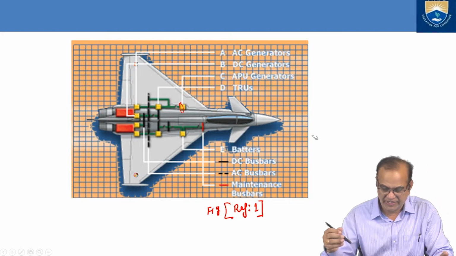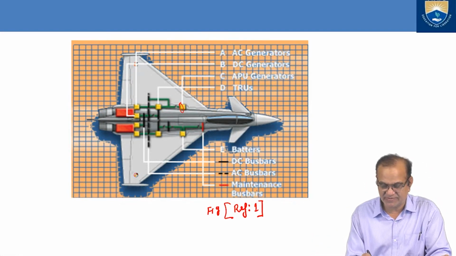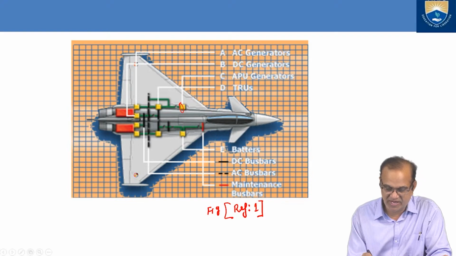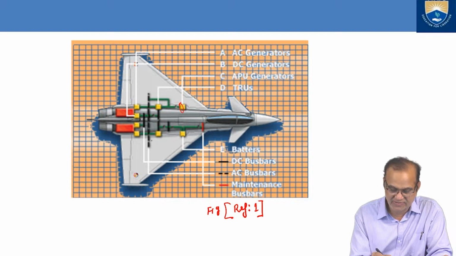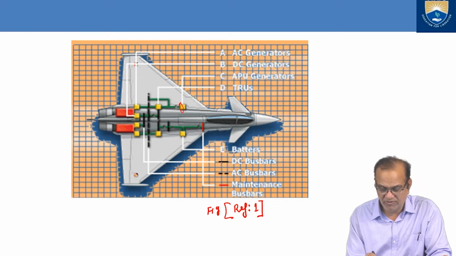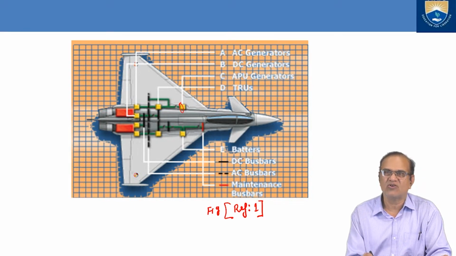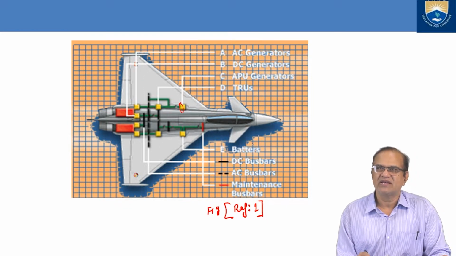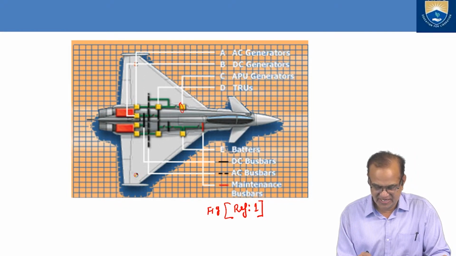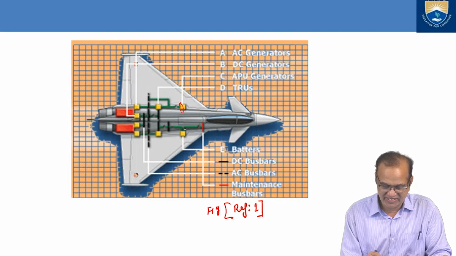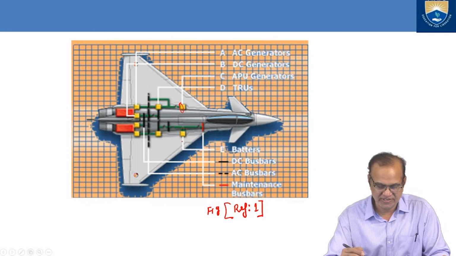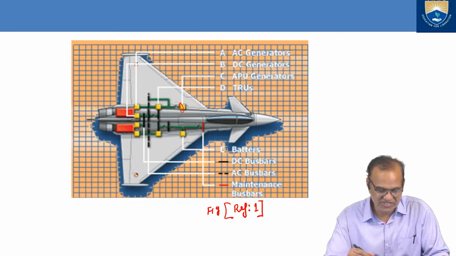Okay, so you can see the red color is the maintenance bus bar. The dotted line is the AC bus bar. This firm black line is your DC bus bar. And here E is the batteries. Batteries are placed here, A, B, C, D and E. So A is the AC generators.